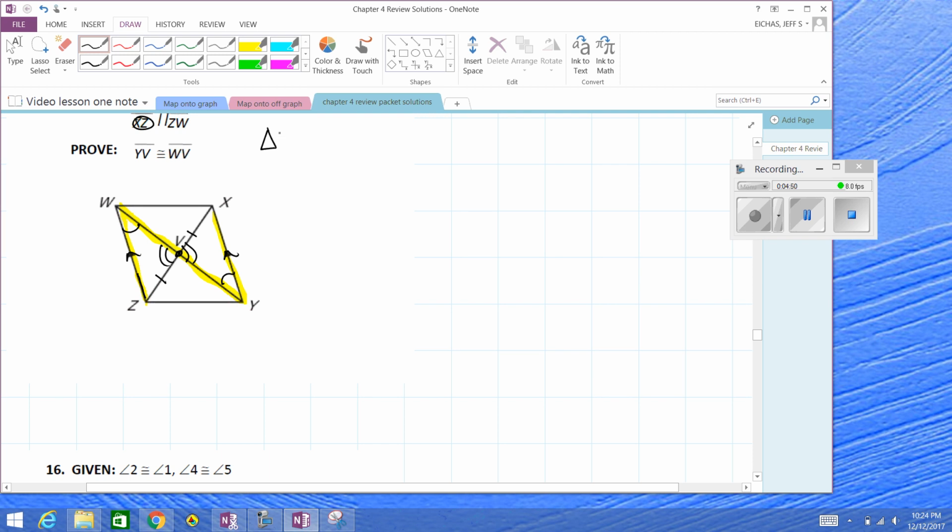Let's call it WVZ. That's going to end up being congruent to YVX, and that's going to be by, looks like angle side, angle side again. Yeah. All right. So looks good.